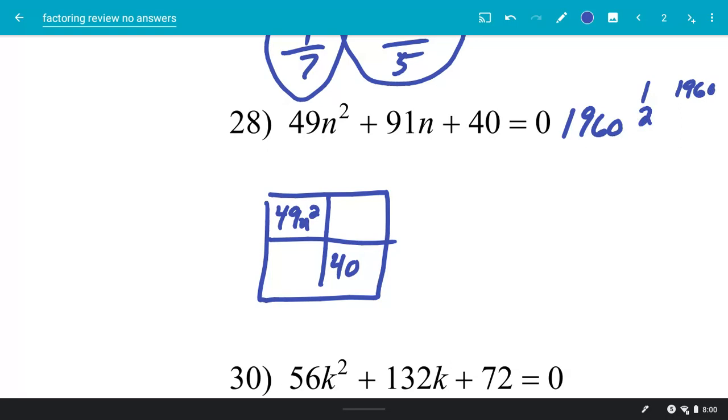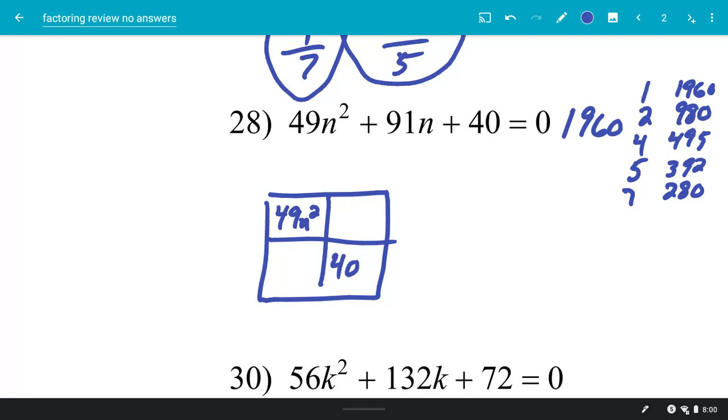This could take a while. 2 and 980. 3 does not go in. 4 does. 4 and 490. 5 goes in. 392. 6 does not. 7. 7 and 280.